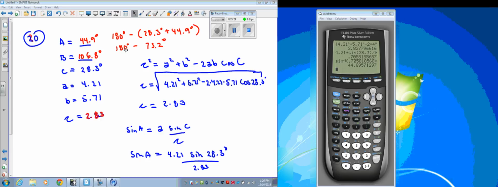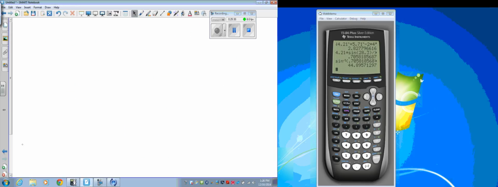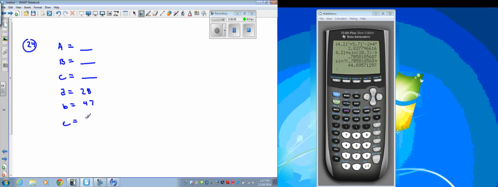So we'll look at 24. Notice this is 3 sides. 8, 37, 58.